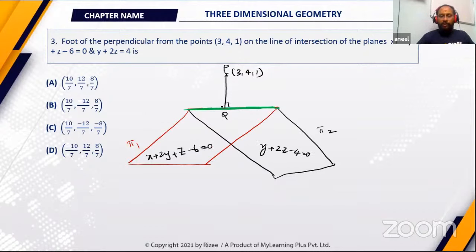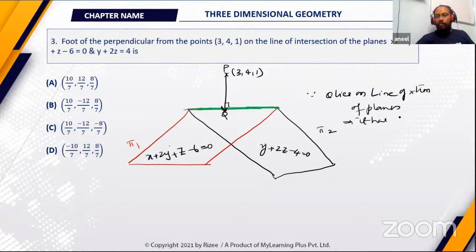Now we want this foot of perpendicular. Now this foot of perpendicular is on the line. Line means this line is the line of intersection of both the planes. That means this line is there in plane 1, this line is there in plane 2. So this Q, since Q lies on the line of intersection of the planes, it has to satisfy both the planes because it lies on the planes.